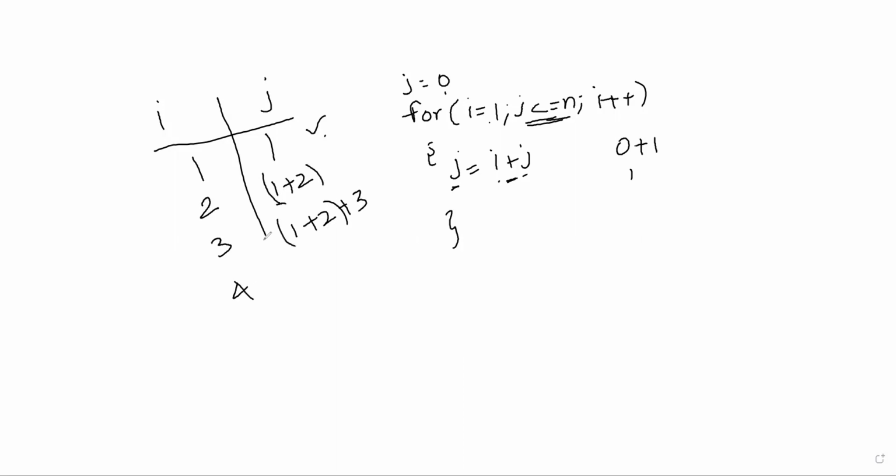When it is 4, then it would be 1 plus 2 plus 3 plus 4, right? The same way, whenever it is k, it would be 1 plus 2 plus 3 plus 4 and so on till k. Agreed? Will these be the values of i and j respectively?